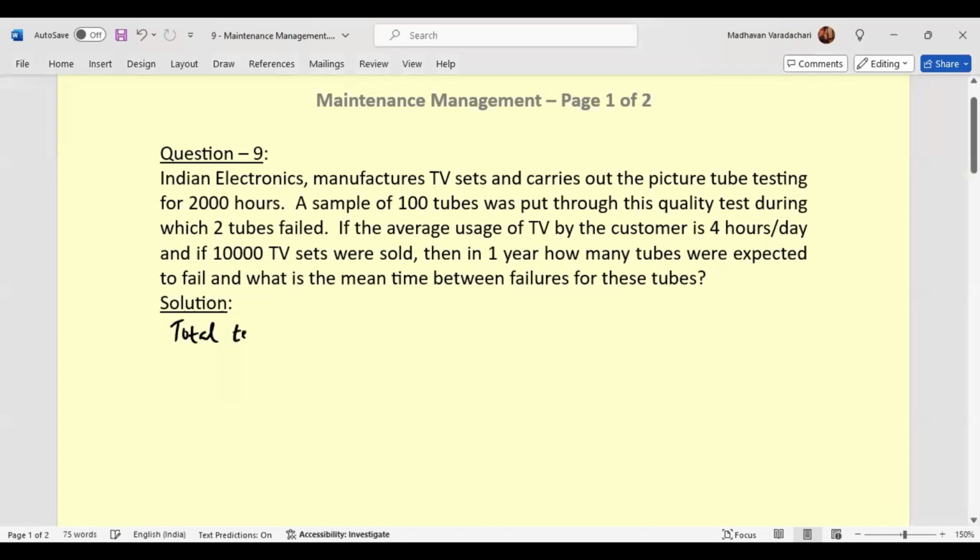The total test time is 100 tubes multiplied by 2000 hours per tube. So that works out to 2 lakh hours.